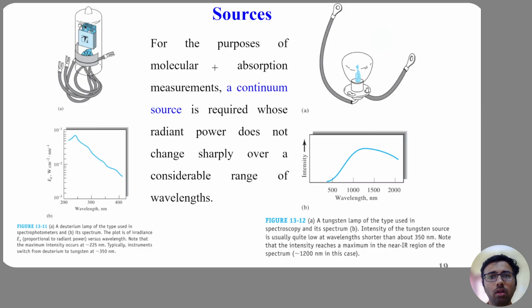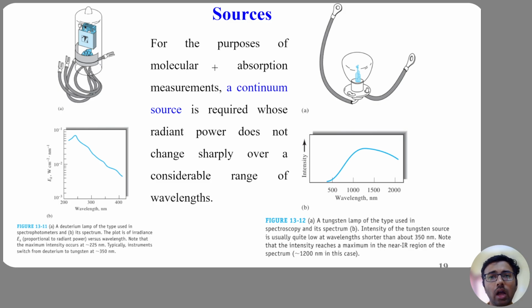For molecular absorption spectroscopy, we require a very special type of source, that is a continuum source. A continuum source is defined as one whose radiant power varies smoothly across a wide wavelength range. Why is it important? Because absorption measurements rely on comparison.